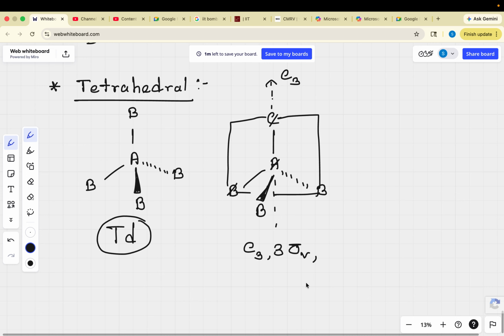Okay, is anything else present? Nothing, right? So you will get the C3v point group. Now suppose I am changing two atoms.